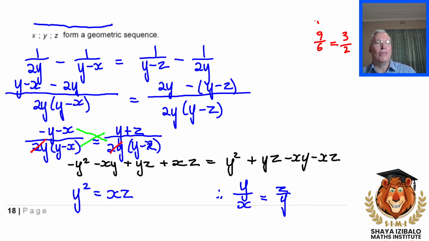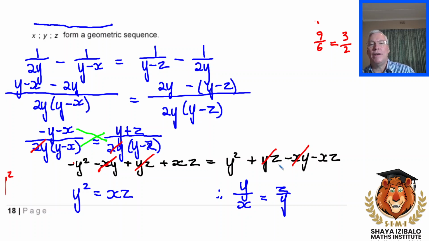Okay, now if we look at all of this, and as I said, this is tricky, it's just algebra though. If we add an xy to both sides, those disappear. If we subtract a yz from both sides, those disappear. If we now add a y squared to both sides, we will get 2y squared.